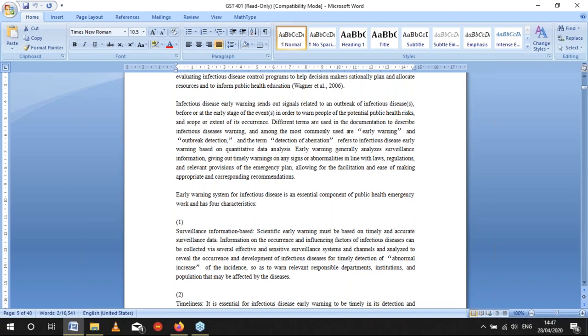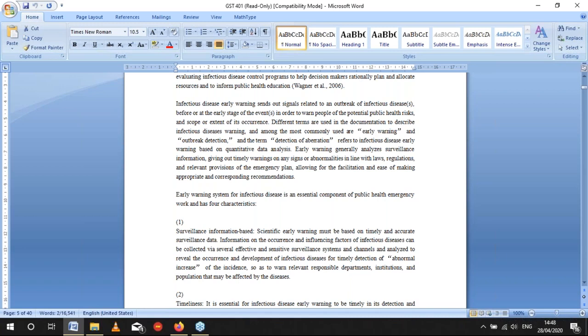So that is an example of early warning system or early warning, whatever you can call it. It's a system applied, a method applied, an approach in giving advice as against an outbreak of disease.